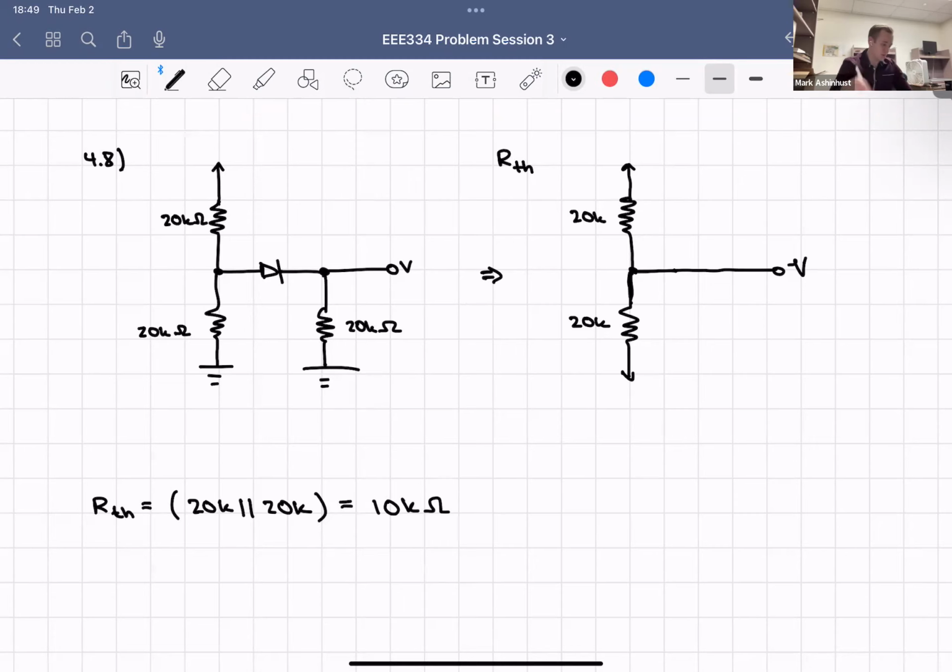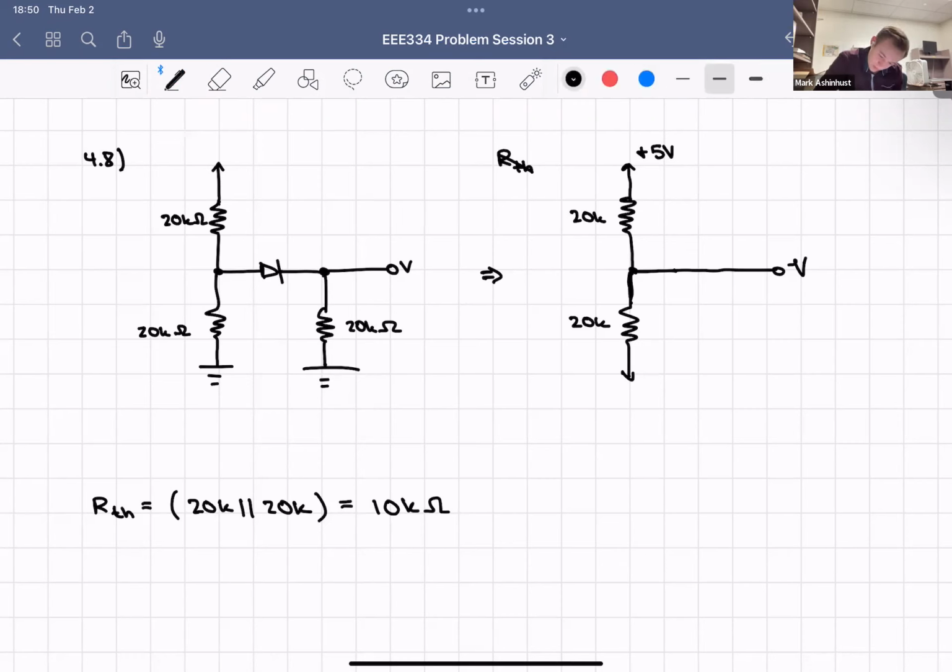So now we can also use what we have here to find our V Thevenin, because this is something that we've already taken a look at. Let's toss this plus 5 volts here to find our V Thevenin. It's a voltage divider. If you can't see that, I'll try something out real quick.